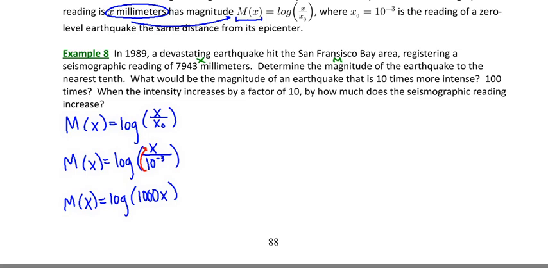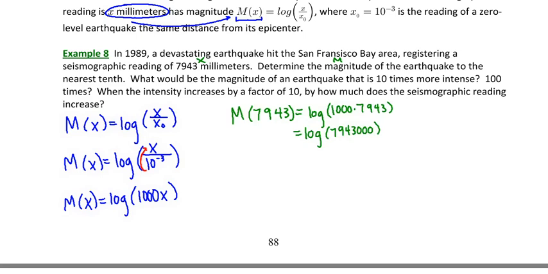So now we can answer the question. If the seismographic reading is 7,943 millimeters, we need to find M(7,943). So this is log of 1,000 times 7,943, or log base 10 of 7,943 with 3 zeros on the end, which would be 7,943,000.